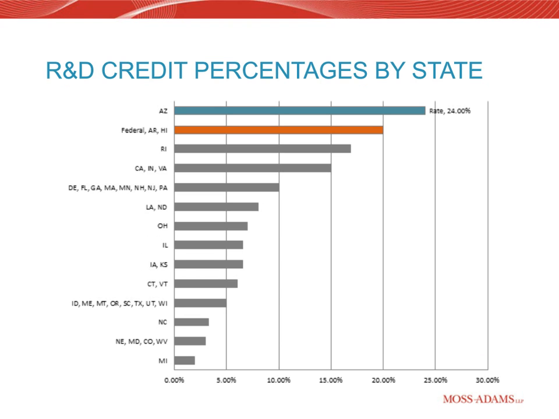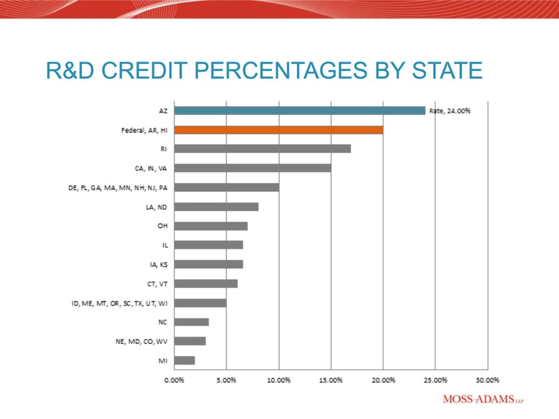By usability, we're referring to whether a company that generates a credit can actually use that credit to lower their tax liability in the current tax year.